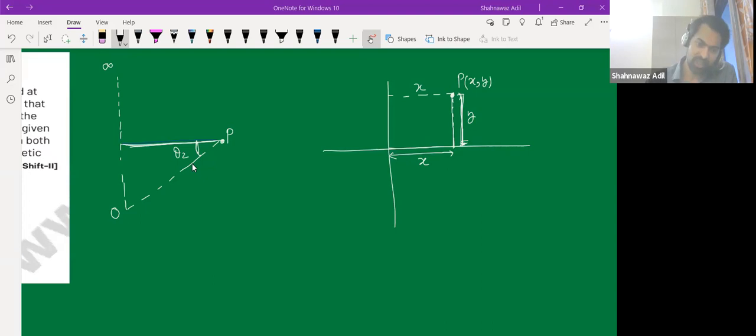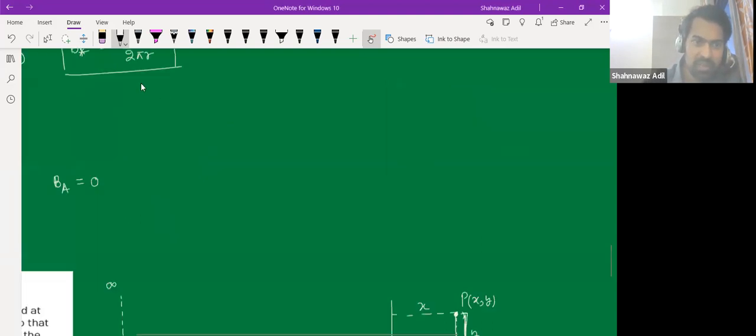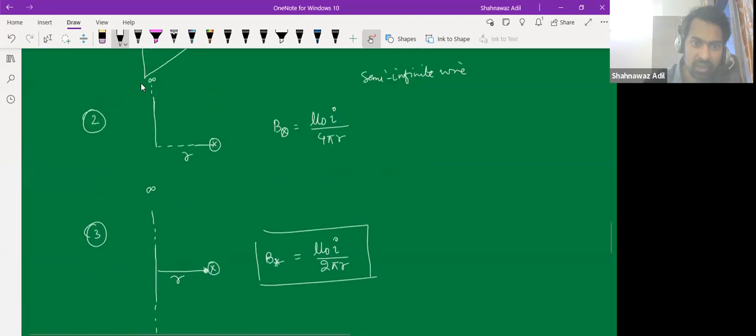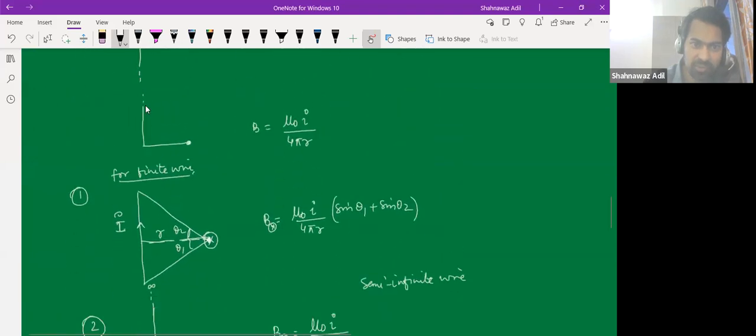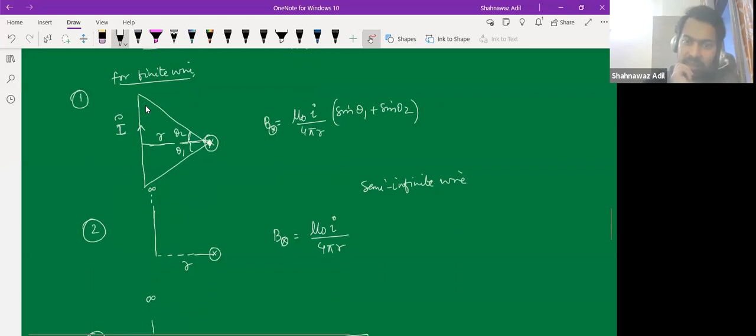Okay. So let me just recap what we understood in the last class. We understood what would be the magnetic field of a finite wire. So we have a finite wire, and the current flowing is I, and these are the two angles.